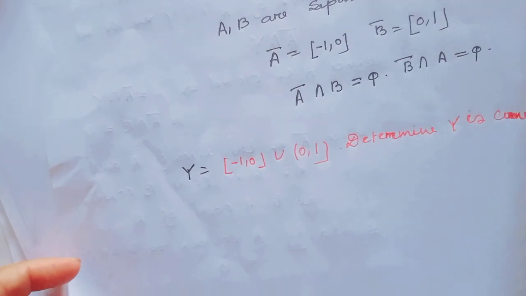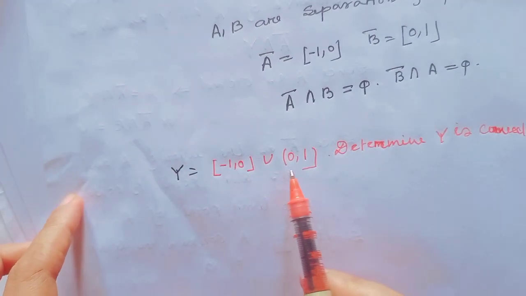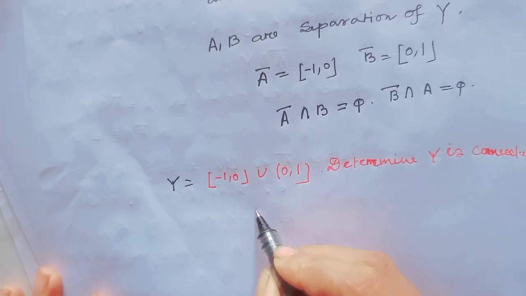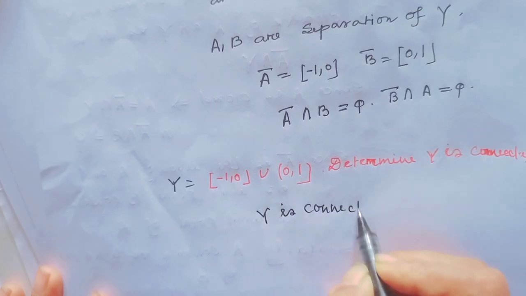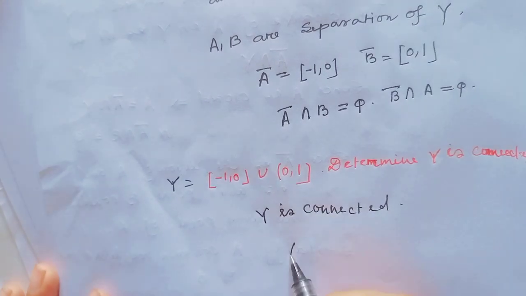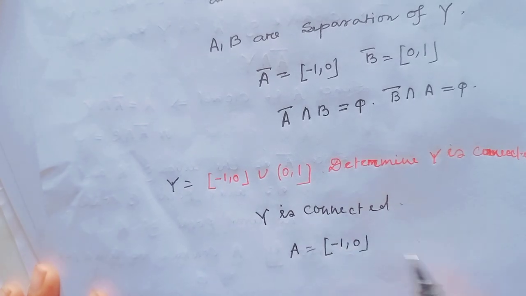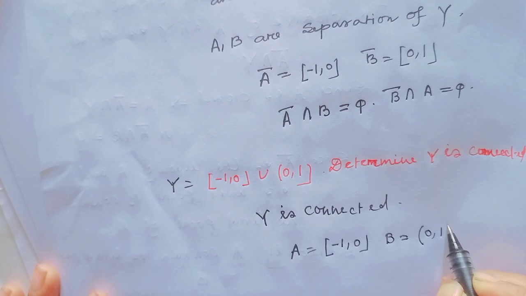Second, if Y equals the closed interval [-1, 0] union the open interval (0, 1], determine whether Y is connected. Y is connected because here A equals [-1, 0] and B equals (0, 1].